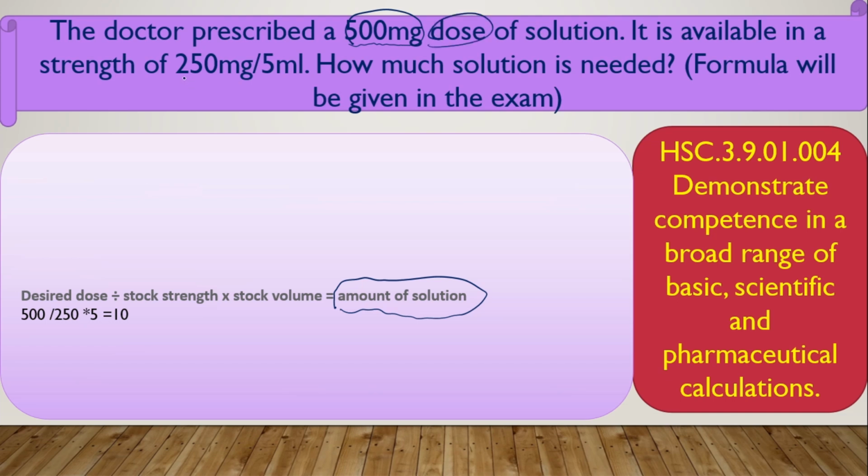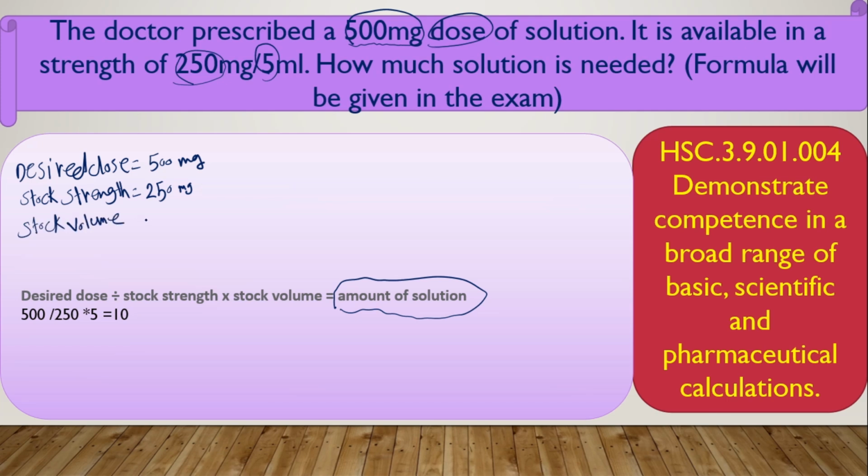Stock strength equals what? 250 milligrams. Stock volume is what? 5. Again, desired dose equals what? 500 milligrams. Stock strength equals what? 250 milligrams. Stock volume equals what? 5 milliliters. Okay. What do you need? The amount of solution.